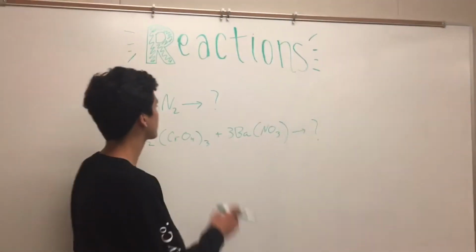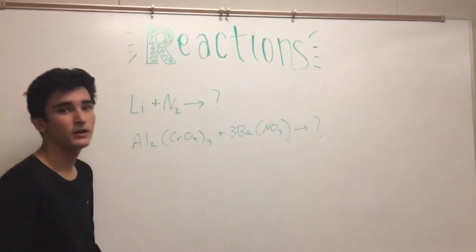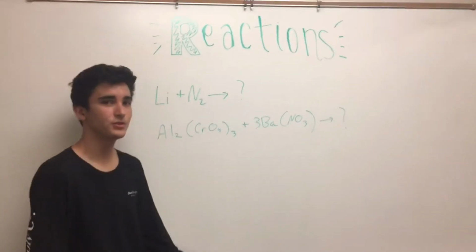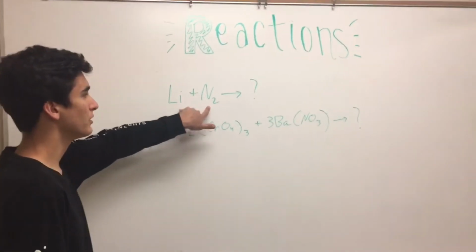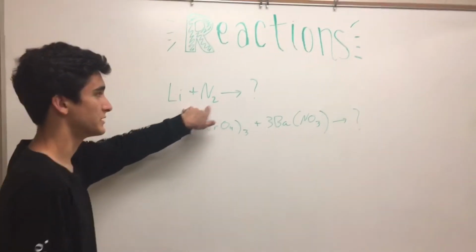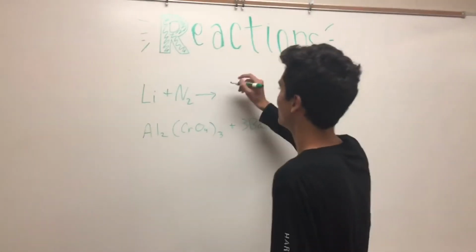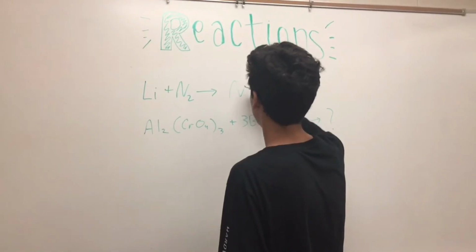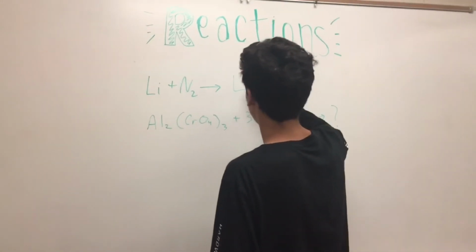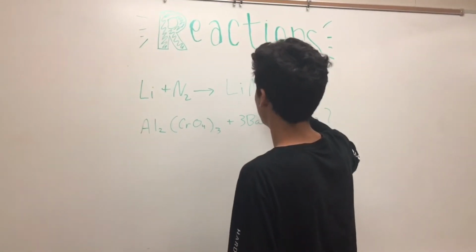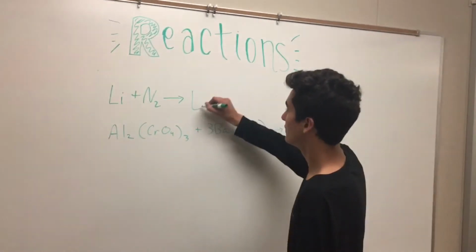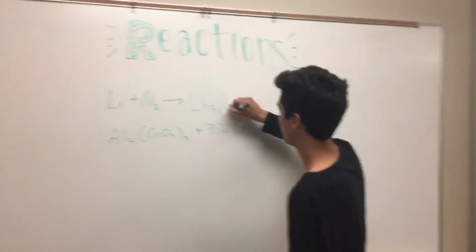If you want to predict what your reactions will produce, first establish what kind of reaction it will be. These have 2 lone substances, so it must be synthesis, which means they combined to form Li3N.